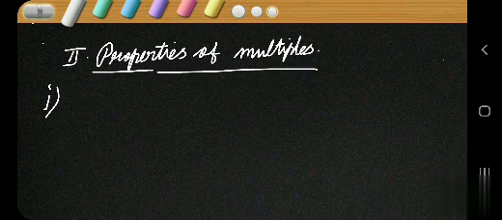So let's start with this one. 1. Every number is a multiple of itself. What is the first property we have discussed earlier? Every number is a multiple of itself.